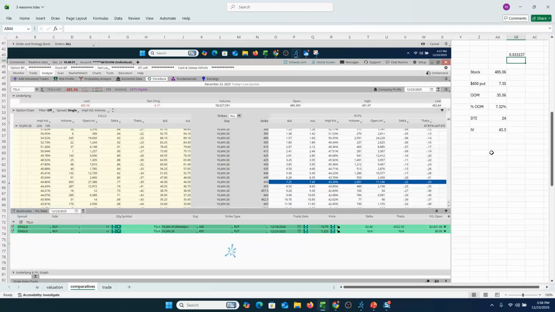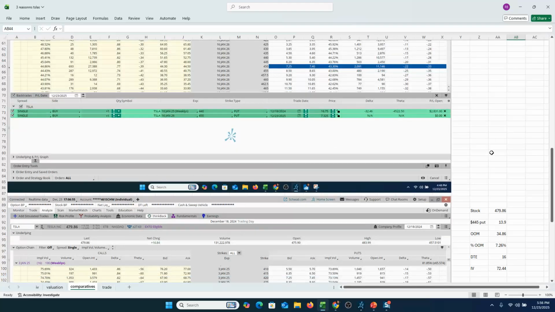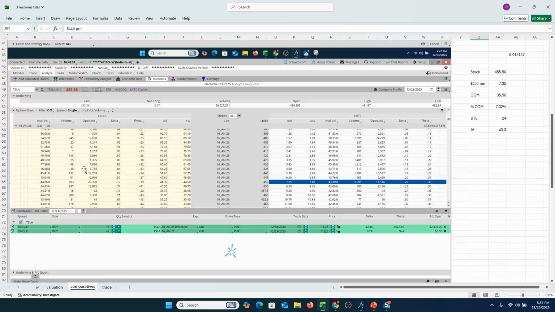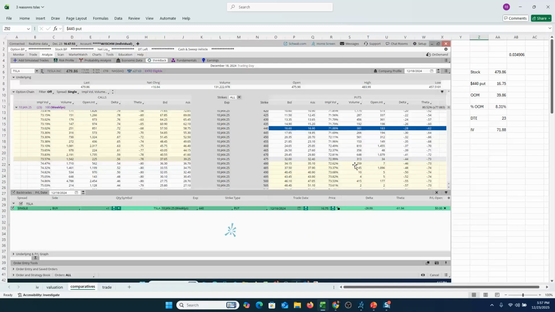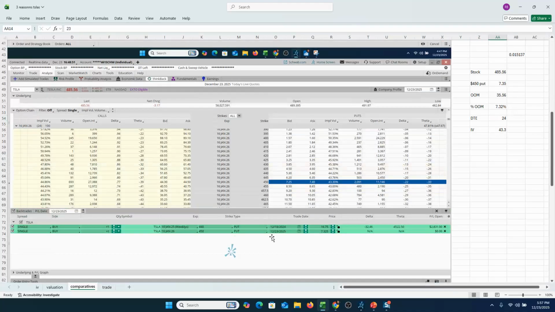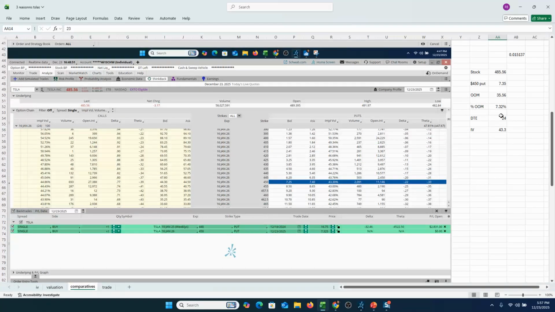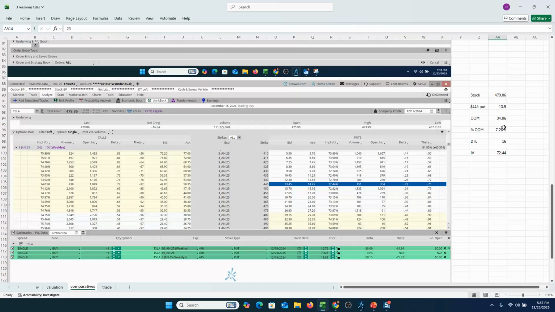I also did a quick comparative back then versus now on the 445 put, but with a week less to go. I took the same closing date and compared the 445 put with only 16 days to go to expiration. Back then, we had 23 days to go. So I took a week shorter time frame. That 445 put is basically the same as far as out of the money percentage and everything, within shouting distance, but you have a week less time.